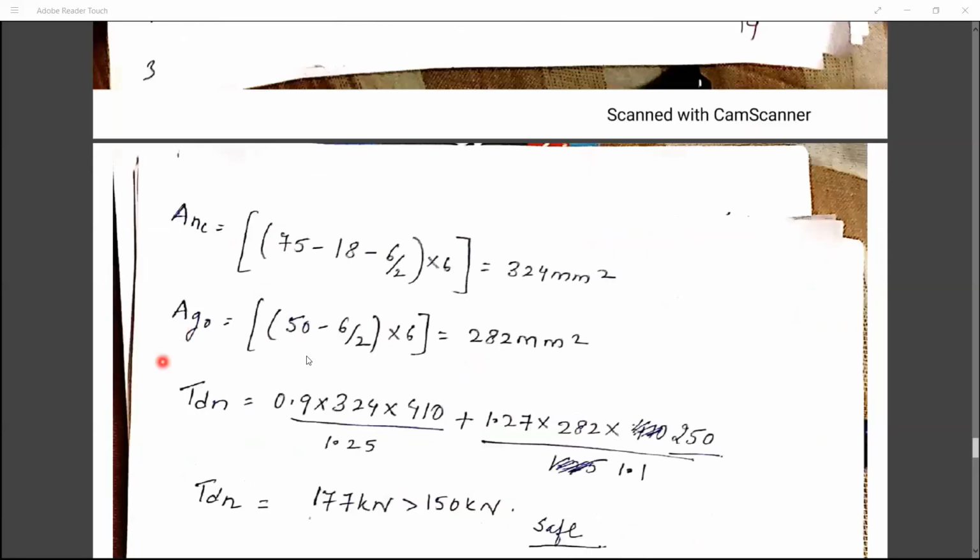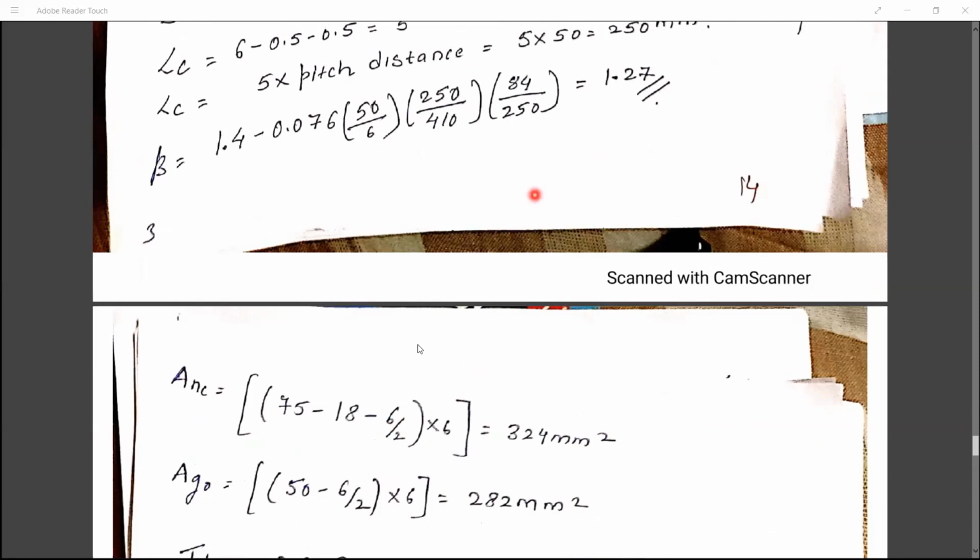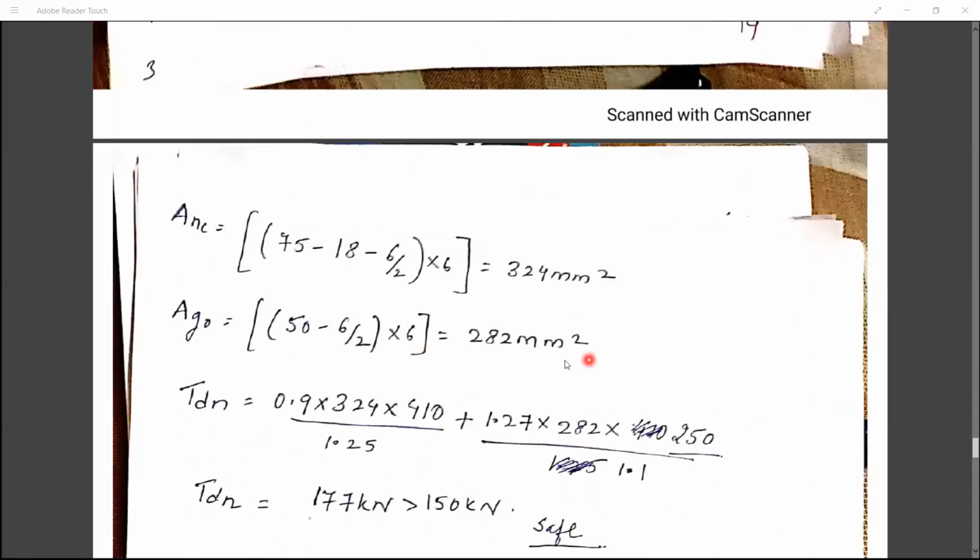Then AG0 is nothing but 50 minus 6 by 2 into 6. That is 282 mm square.